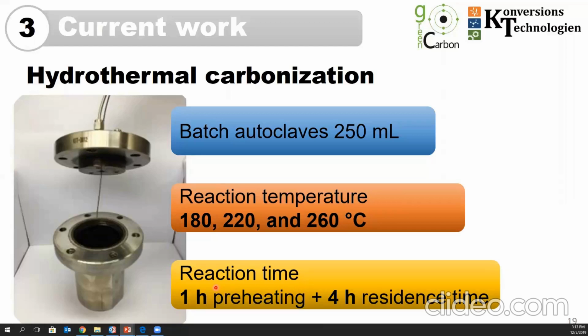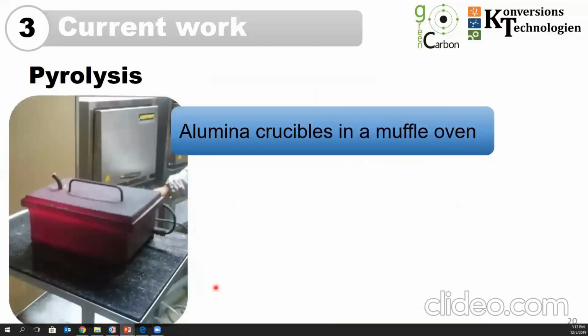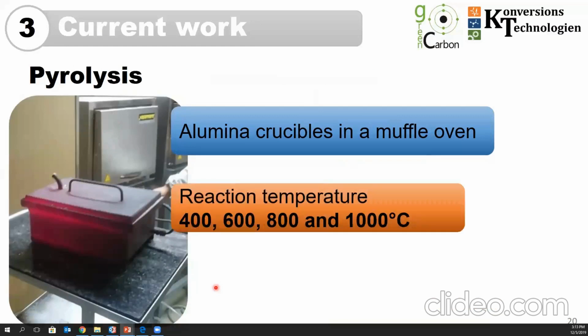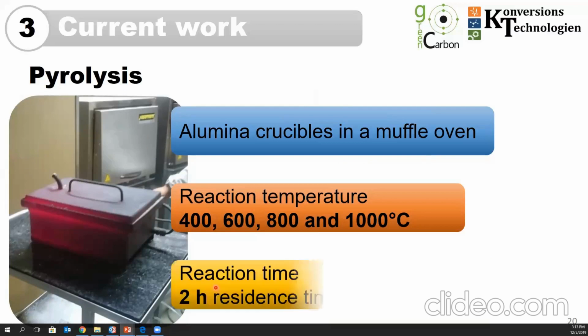After this time, the reactors were quenched in water to reduce the temperature to 20 degrees Celsius. After that, I did the pyrolysis using alumina crucibles in a muffle oven at 4 different temperatures: 400, 600, 800, and 1000 degrees Celsius, with a fixed reaction time of 2 hours.